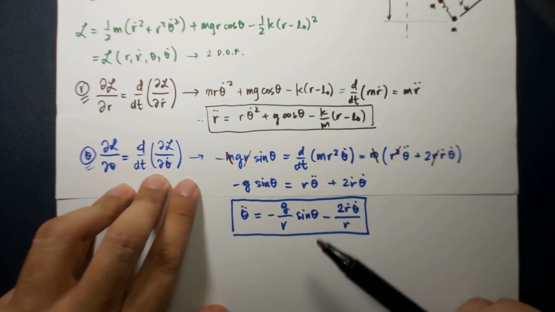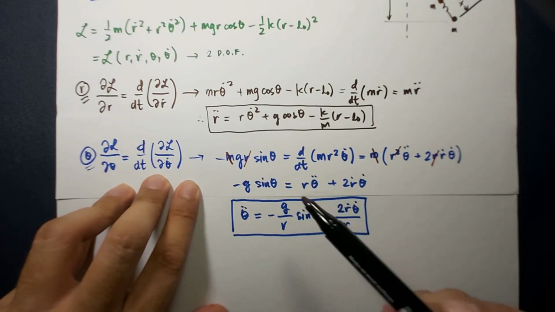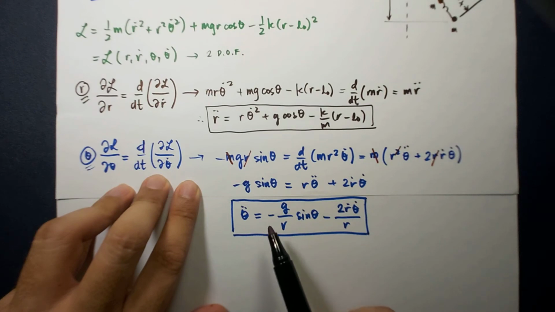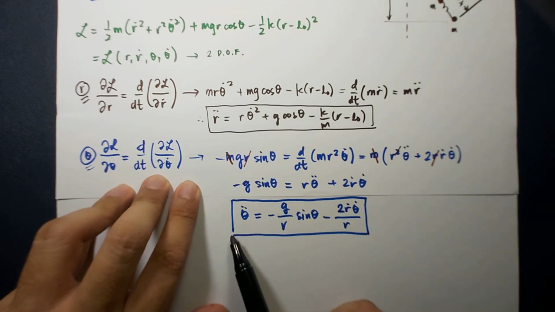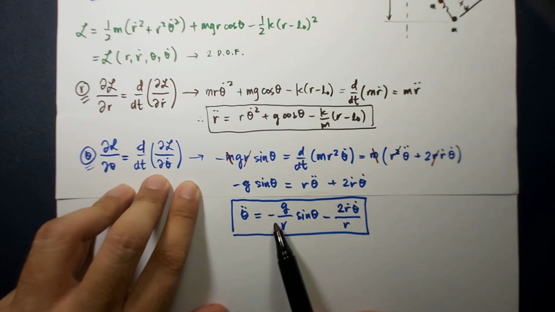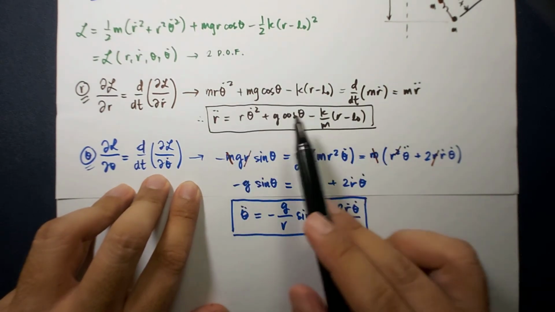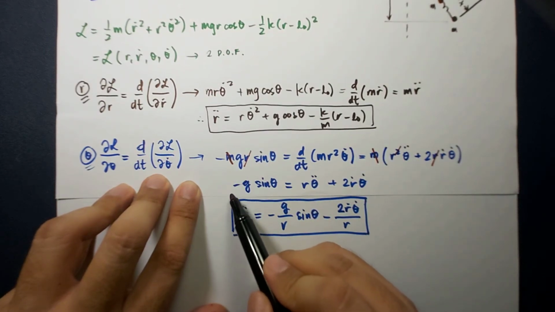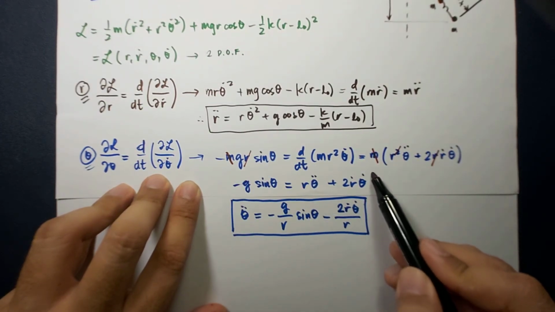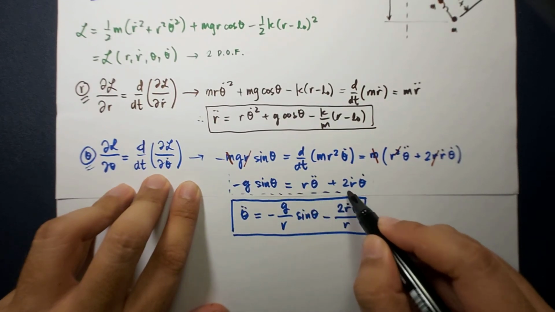Now please take note that it's preferred to write the equation of motion like this: acceleration equals an expression, acceleration equals an expression. But we can actually settle with this expression. This is fine with me.